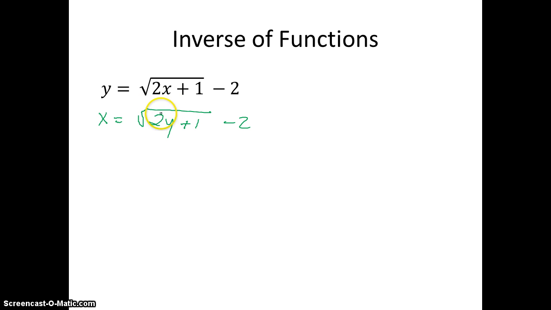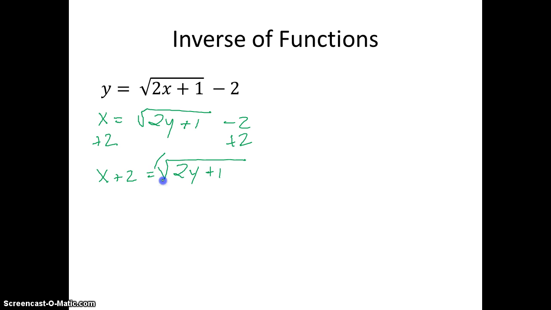Now, anytime we're solving an equation and we have what I call the operator, we need to try to get the operator separate first and then get rid of it. So I have a plus 2, to get rid of that, plus 2. That gives me x plus 2 equals the square root of 2y plus 1.